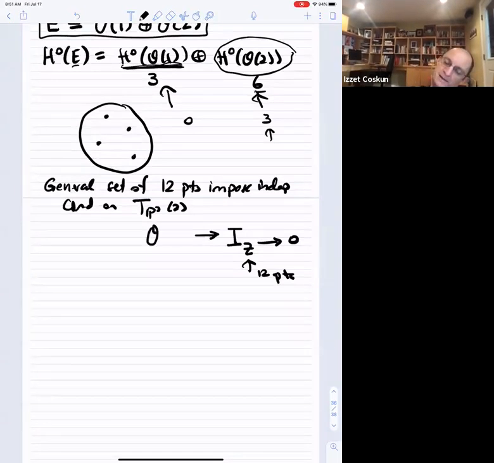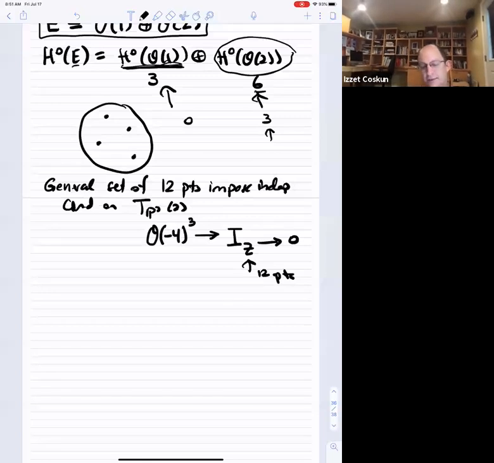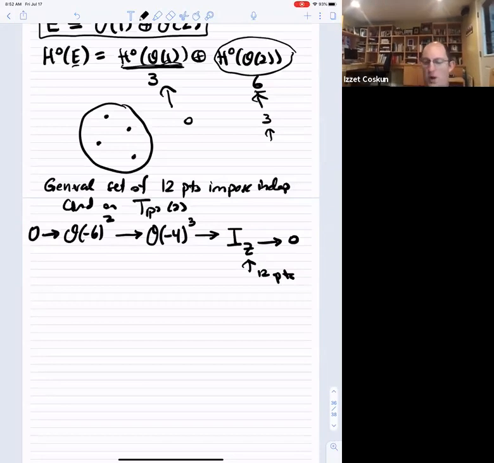So you get a map from O of -4, 3 copies, given by the 3 quartics that vanish at those points. Those generate the ideal, and then the cokernel of that has 2 degree 2 relations, syzygies among those. So the resolution of a general set of 12 points looks something like this.